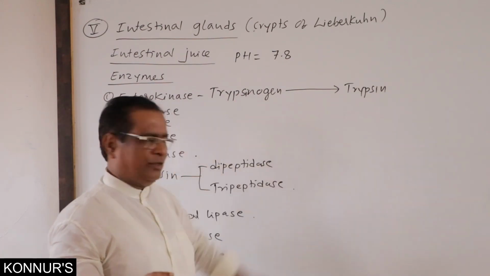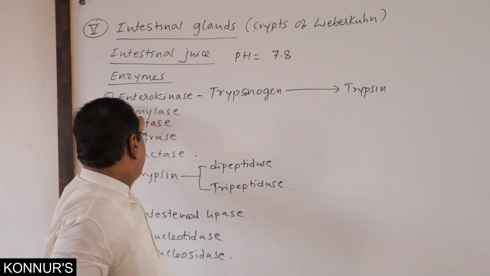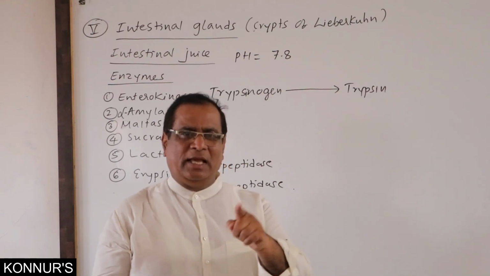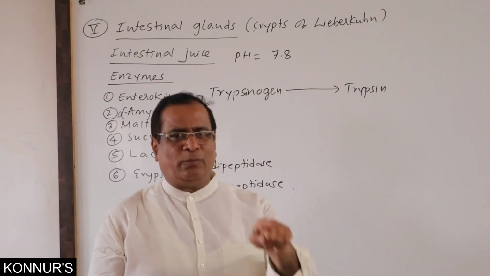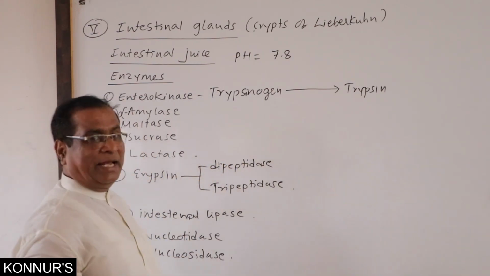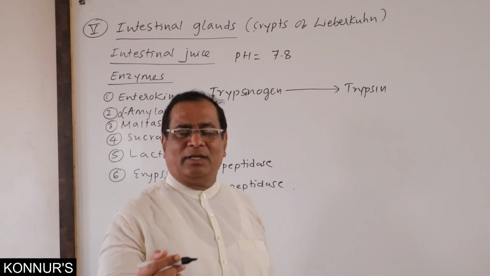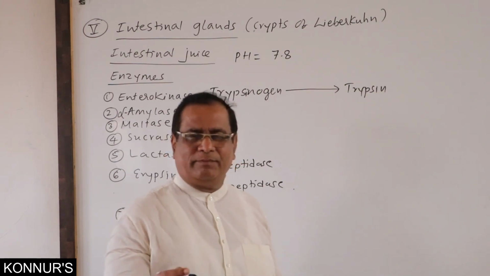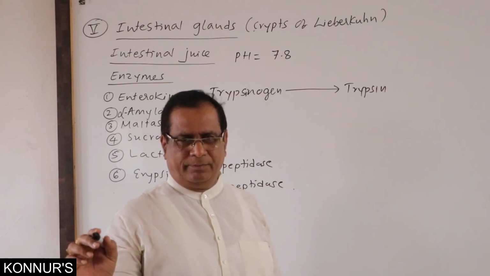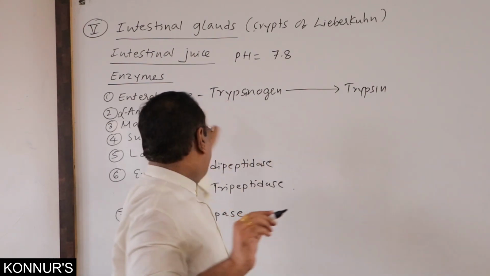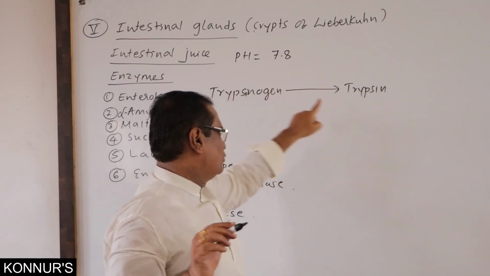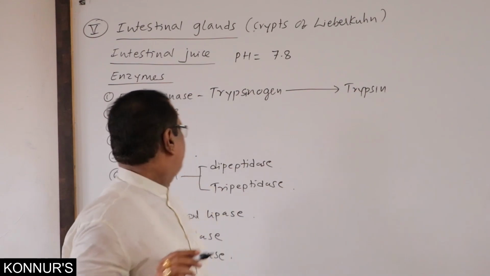It is converted into active trypsin by the action of enterokinase, just like HCl converts pepsinogen into active pepsin. And this enterokinase is another enzyme, just like lysozyme, both of them never act upon any food. That is antibacterial and this is an activating enzyme, which converts inactive trypsinogen into active trypsin.